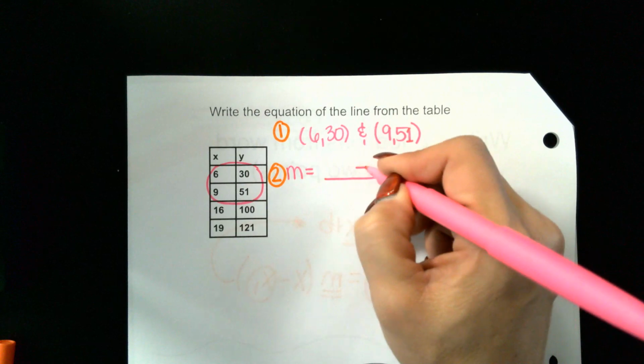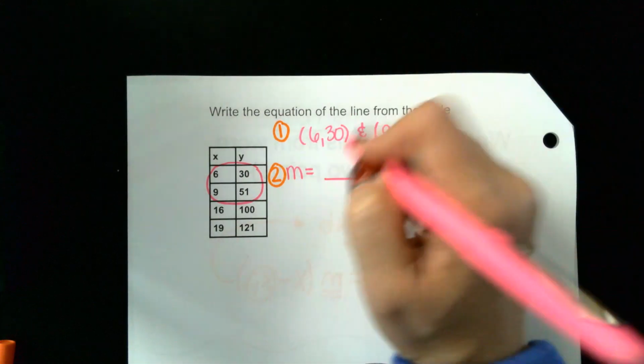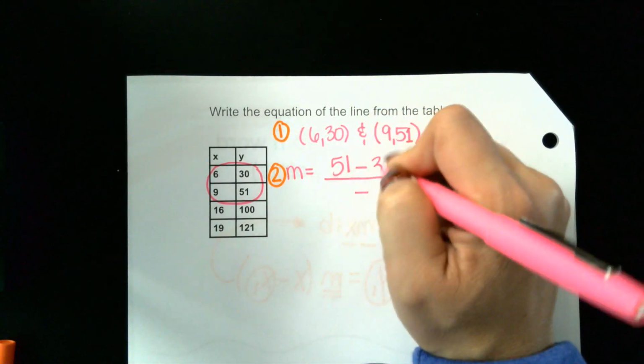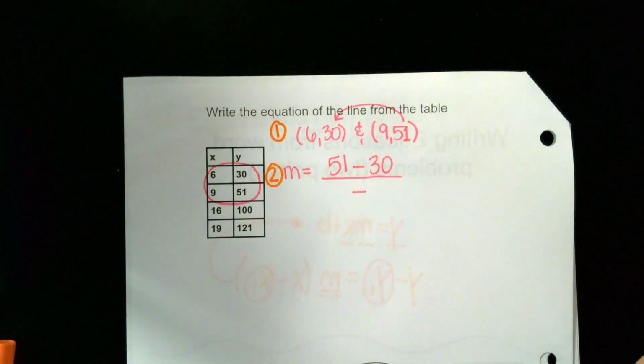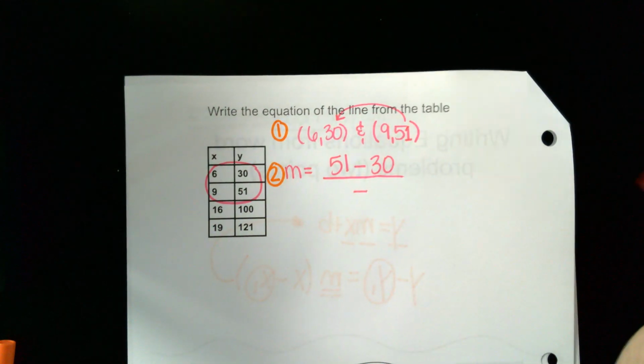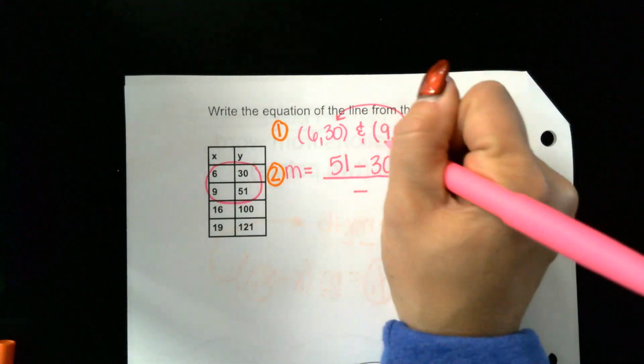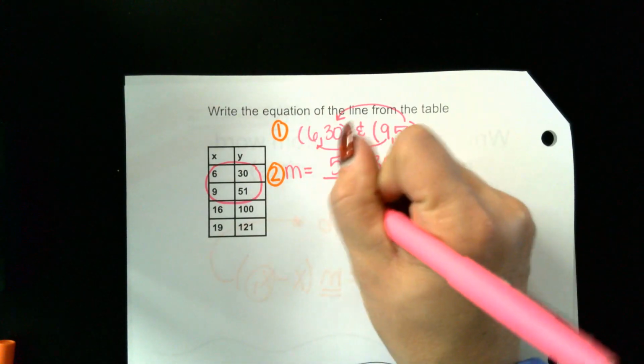What two numbers go up top? 51 and 30. And then bottom? 9 and 6.